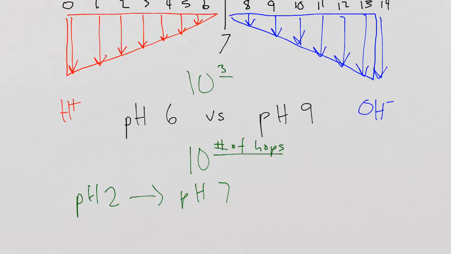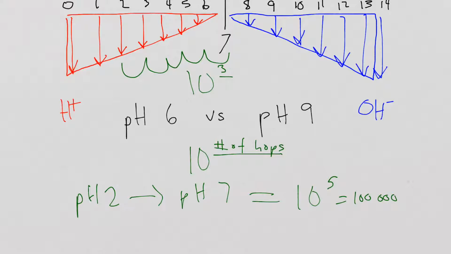So how many times more acidic is the stomach than the small intestine? If one has a pH of 2 and the other has a pH of 7. So we look at this and we start off at 2, 1, 2, 3, 4, 5. 10 to the 5 is 100,000.